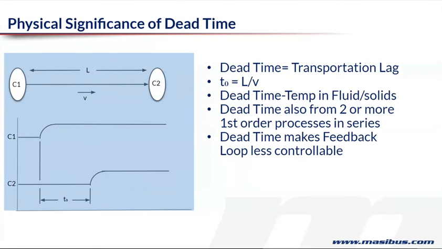Your temperature sensor has a dead time, because if the process temperature changes, first the thermowell temperature has to change, then the media within the thermowell has to change, then the sheathing temperature has to change, and then sitting inside that sheathing is your temperature sensor, like a thermocouple or RTD.